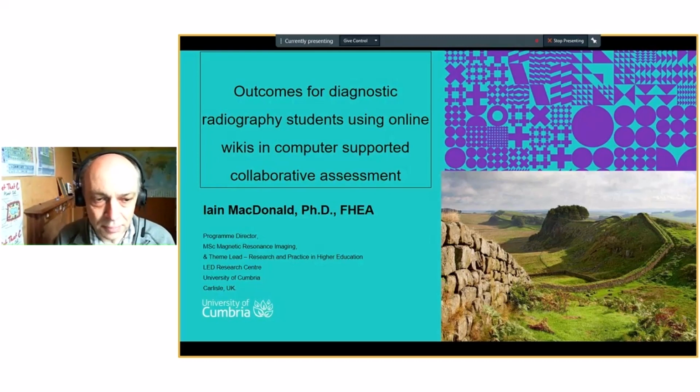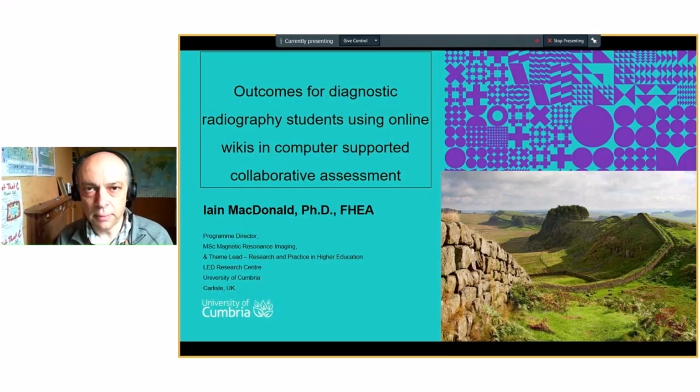As I say, I'm the newly appointed head or theme lead of research and practice in higher education at the university, and I'm also a senior lecturer in medical imaging sciences in Carlisle. We train around 16 undergraduates in Carlisle and around 60 in Lancaster in diagnostic radiography.